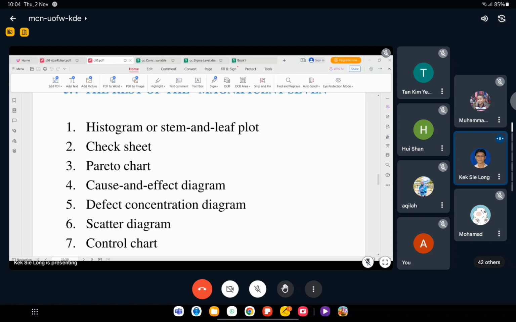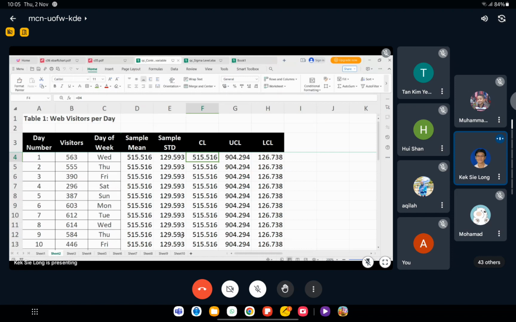Because you can imagine, we as QC can collect a set of data. Do you want to present the data to your manager, to your customer? It means that the data are all in numbers. For example, if you are my customer, then I show you, okay, this is my data.